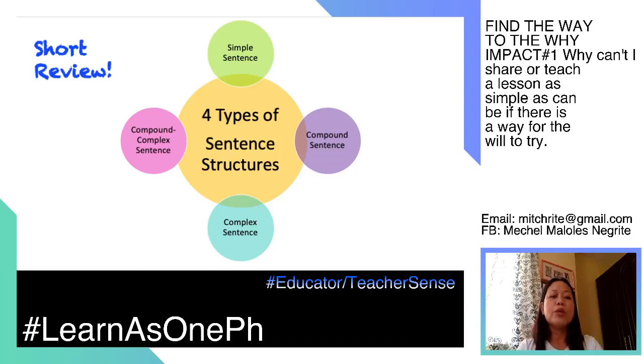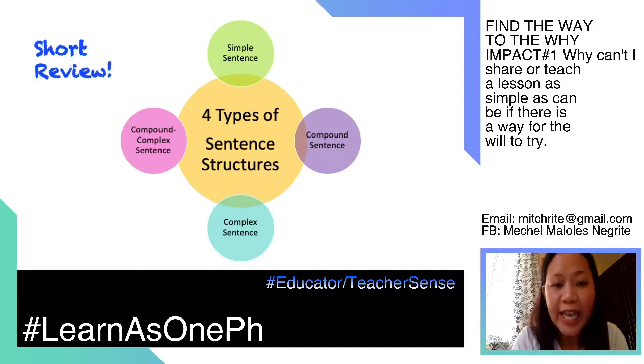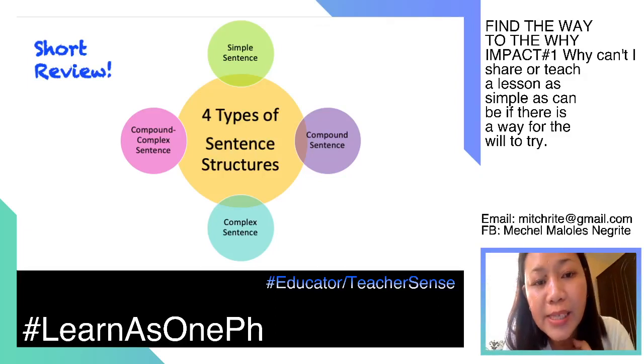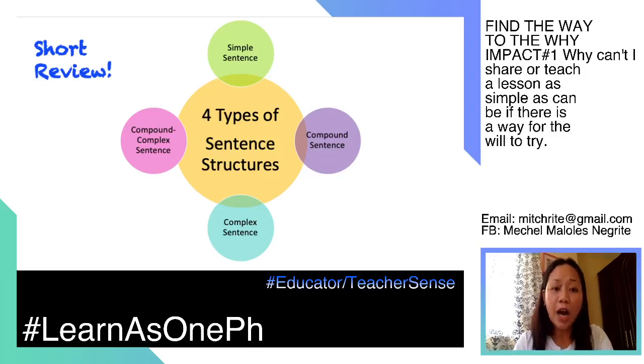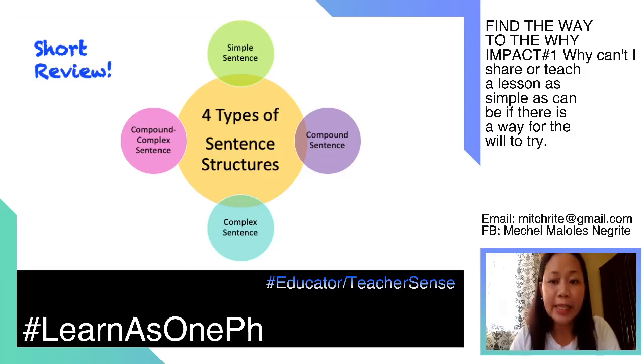And there are four types of sentence structures. Namely, the first one is the simple sentence. The second one is the compound sentence. The third one is the complex sentence. And the fourth one is the compound-complex sentence.